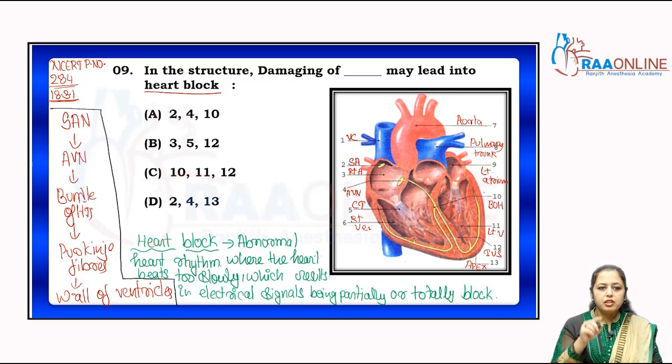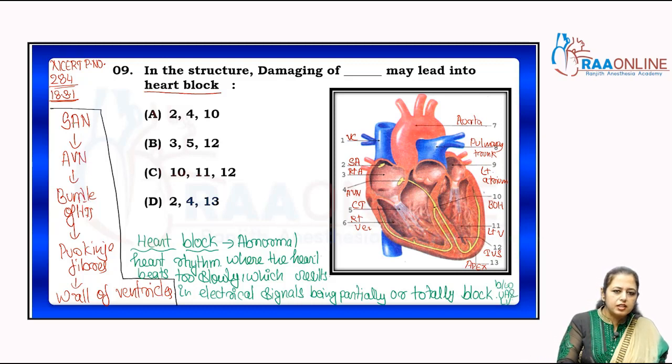indirectly, on that particular page number 284, I will tell you which lines show that. Heart block: totally blocked between the upper atria and the lower ventricle. That simply means failure of the nodal system. When the SA node, which is present in the upper atria, does not generate a wave of contraction, the AV node cannot receive the impulse.